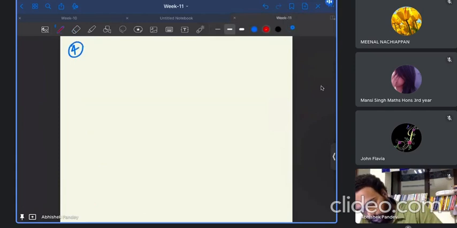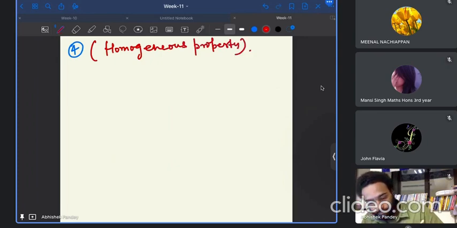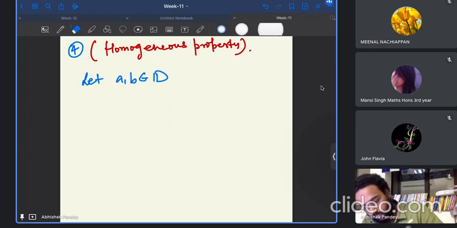This is sometimes known as the homogeneous property. So let a, b belong to D. We need to show that there exists f which sends a to b.